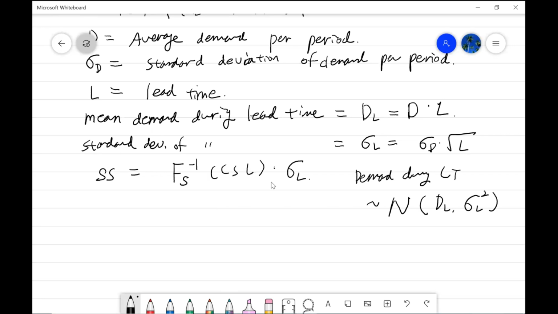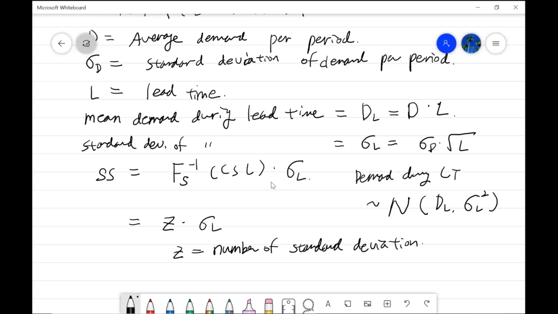Under this, safety stock is just G multiplied by sigma L. So what is G here? G is the so-called number of standard deviations. So where can we get this?